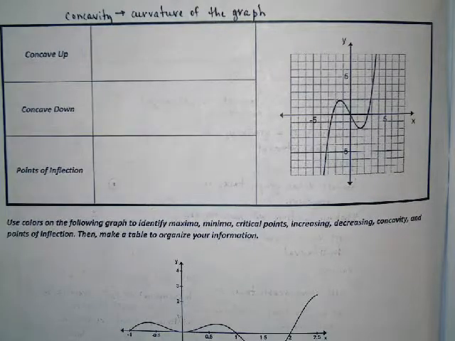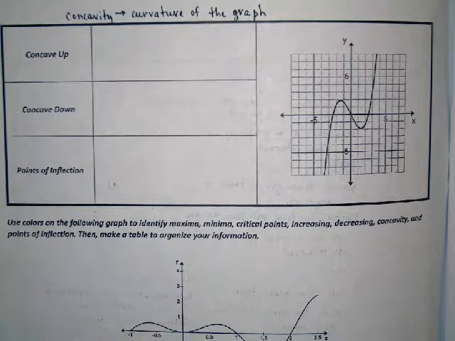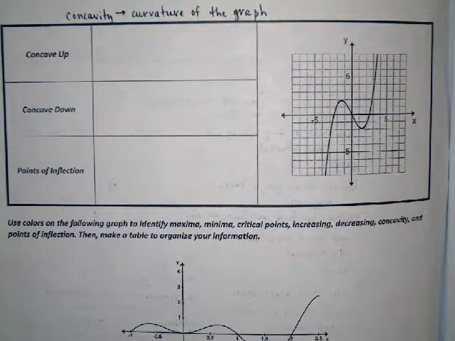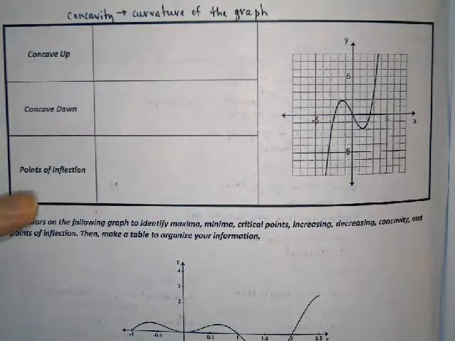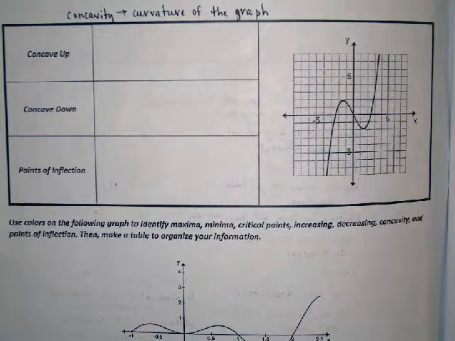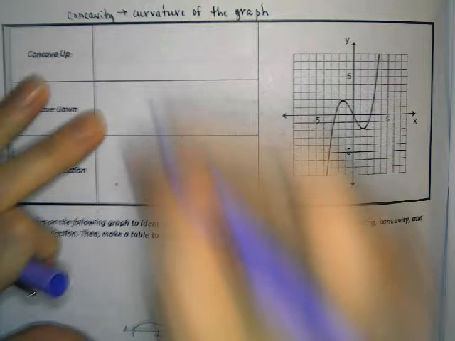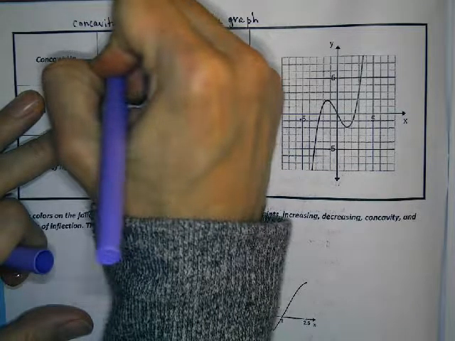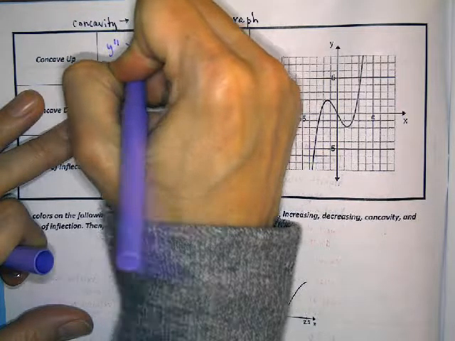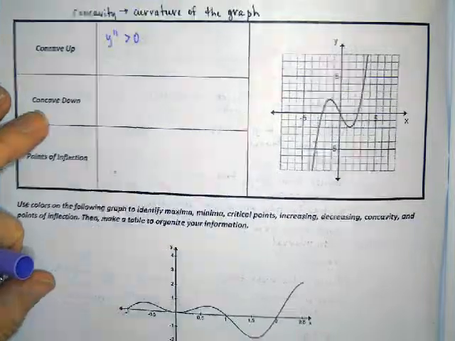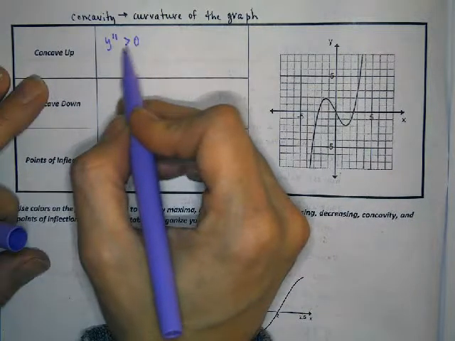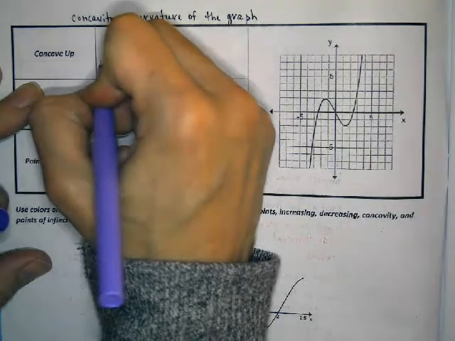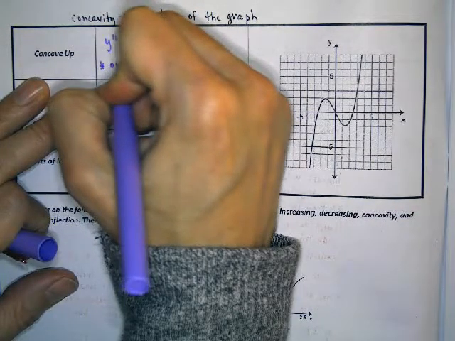So for example, if I'm talking about concave up, concave up is going to occur whenever my second derivative is greater than 0. And since we're doing just strictly greater, for concavity we're going to use open intervals.